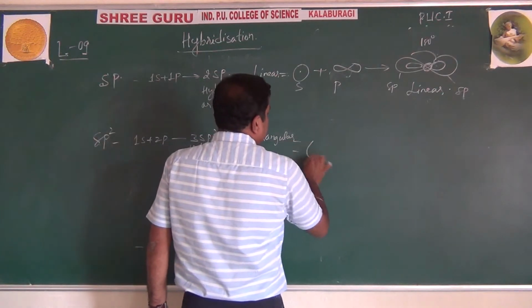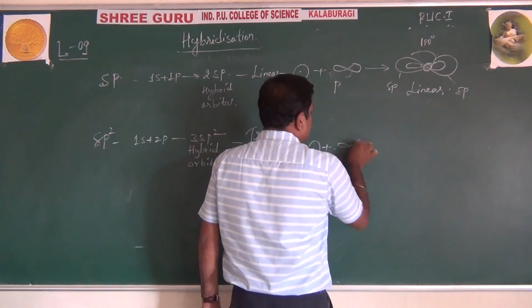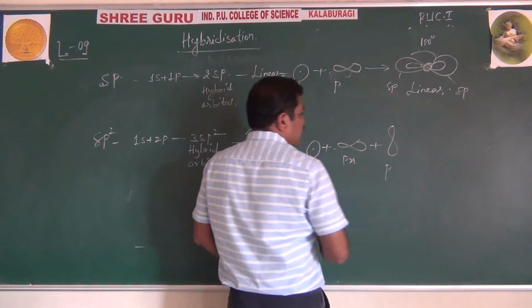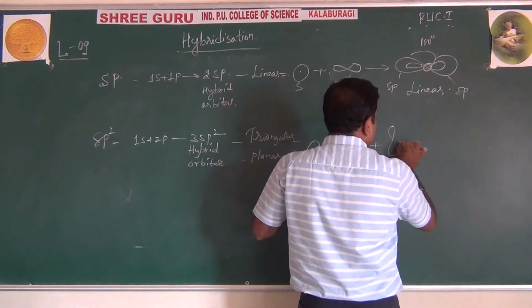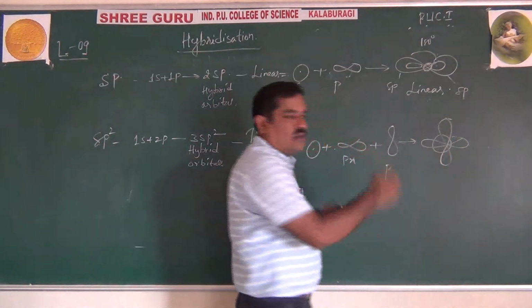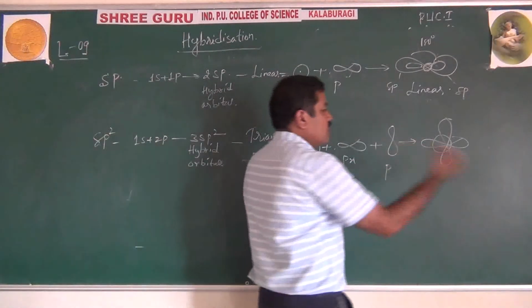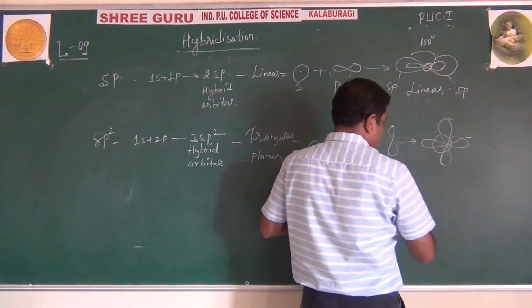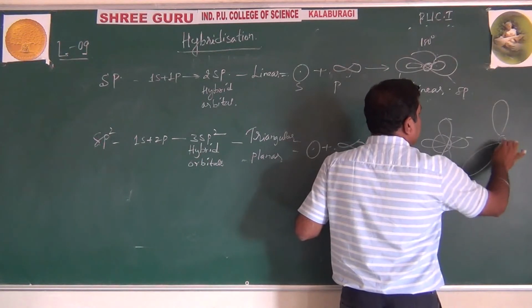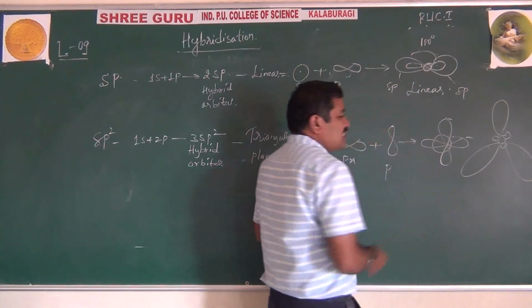That means one s, px and py mix up like this. After mixing, what do the hybrid orbitals give? Triangular planar.